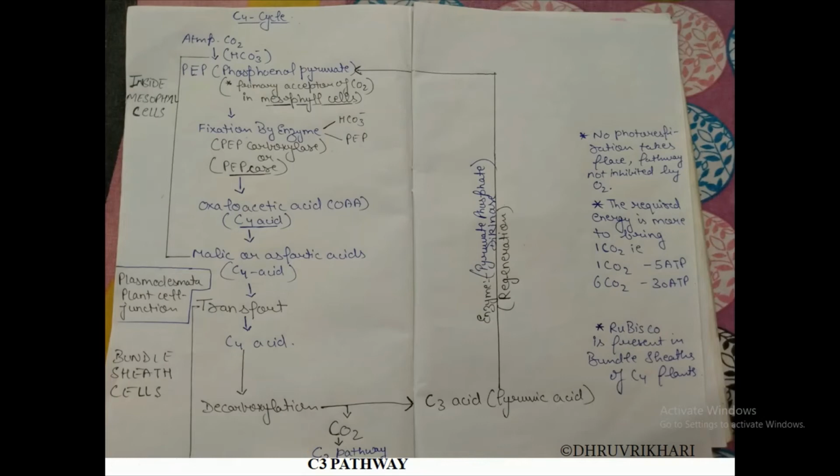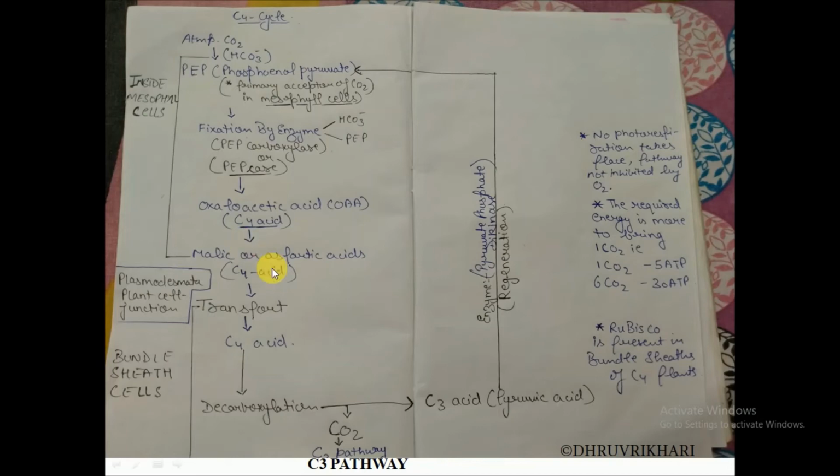That's why these C4 plants are not involved with photorespiration and the pathway is not inhibited by O2. This is one of the reasons that O2 cannot inhibit the C4 cycle pathway, or the photorespiration process does not take place in C4 plants.